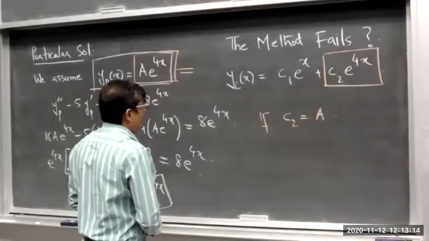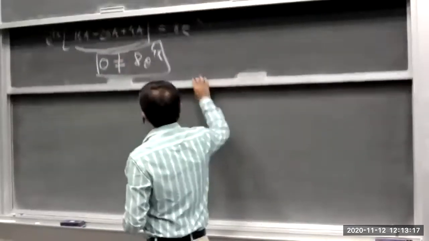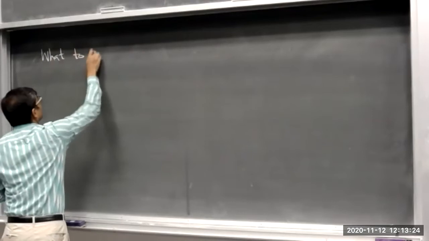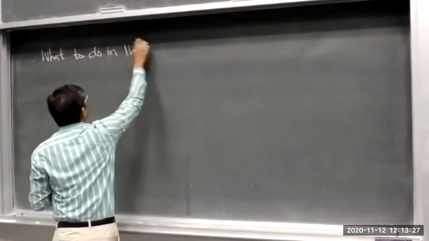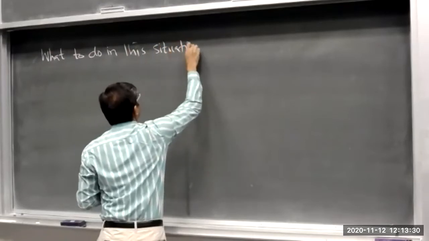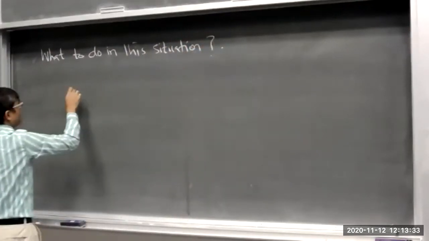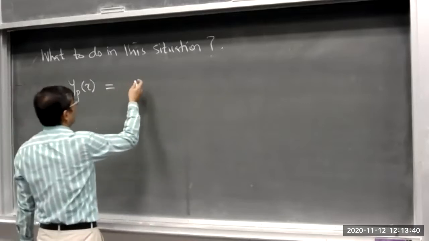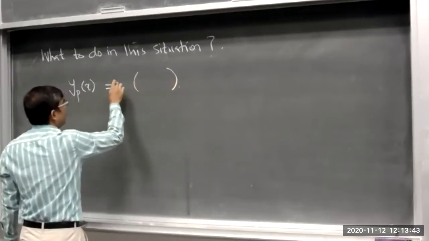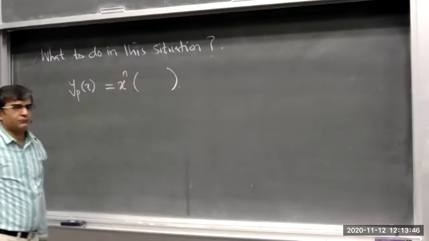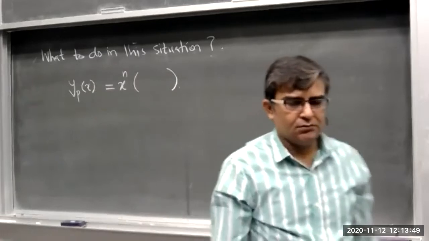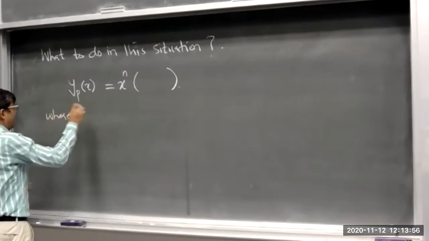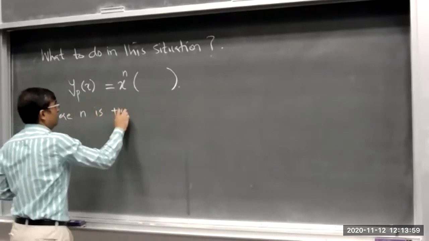In this situation, we always multiply the assumed particular solution, whatever it is, by x power n, where n is a positive integer.